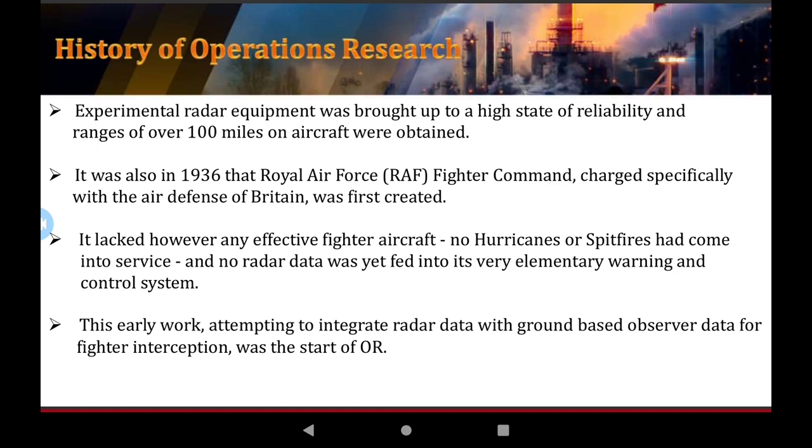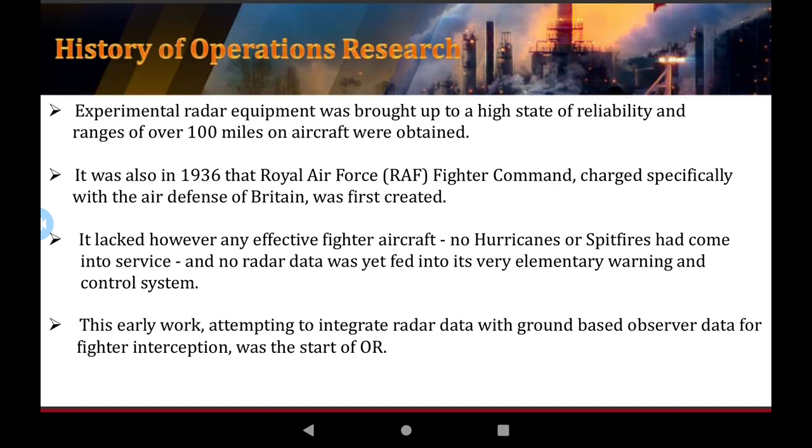The experimental radar equipment was used with a high state of reliability and a range of 100 miles on aircraft.